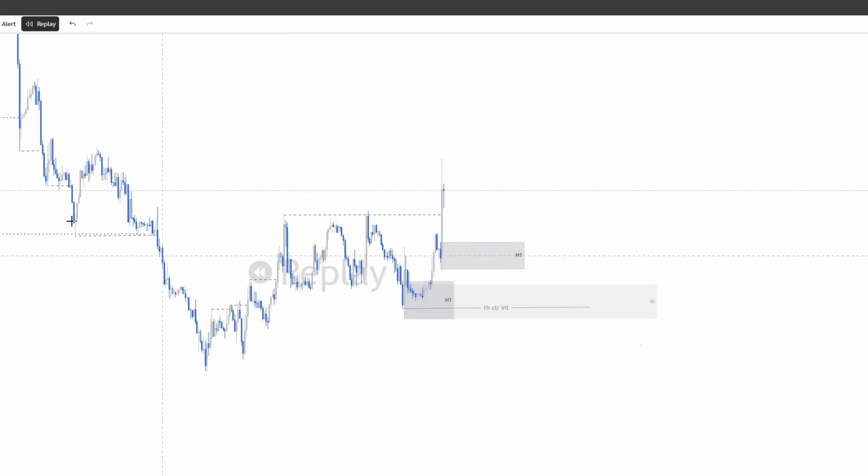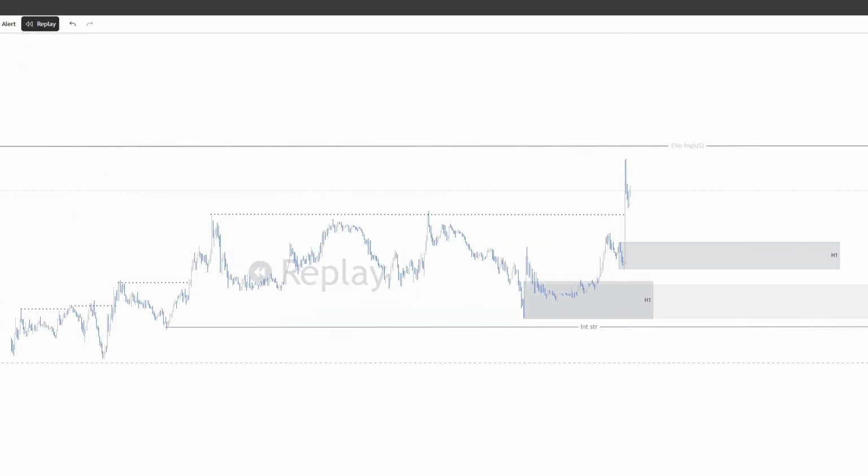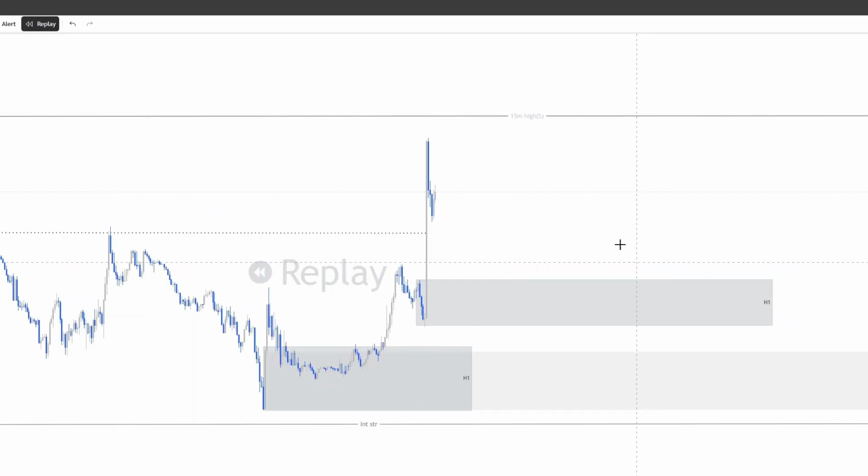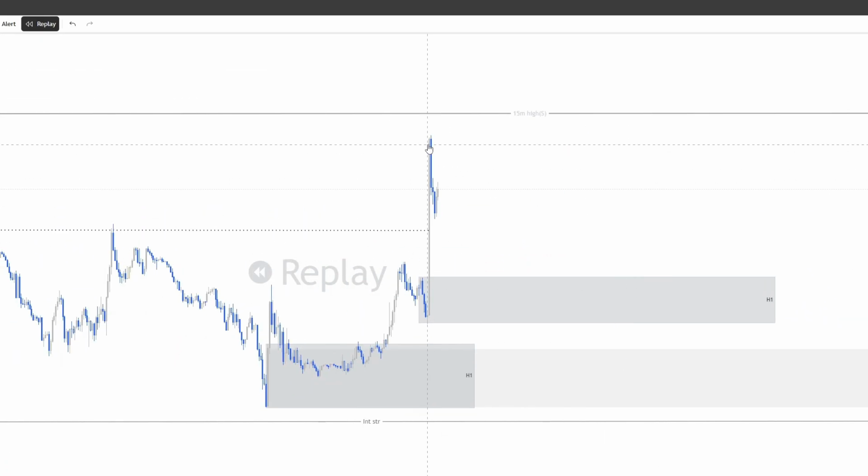So now we go into our 15 minutes. That is where I wait for the final reaction. So price begins to pull back, but I will do nothing. I wait for price to mitigate this demand zone.